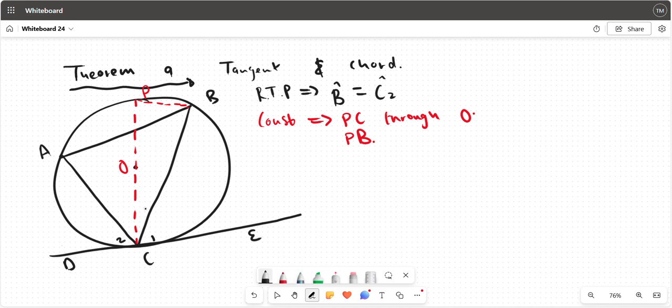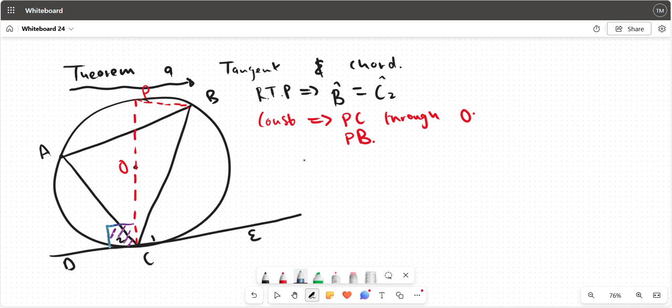So one thing I'm noticing, right? I hope you guys are seeing that total angle there, not just the C2, but the total angle there will be 90 degrees. Where am I getting that it's 90 degrees? I'm getting it from theorem number 7, which says if there's a radius, O, all the way to C is a radius, and there's a tangent, those guys are always going to make 90 degrees.